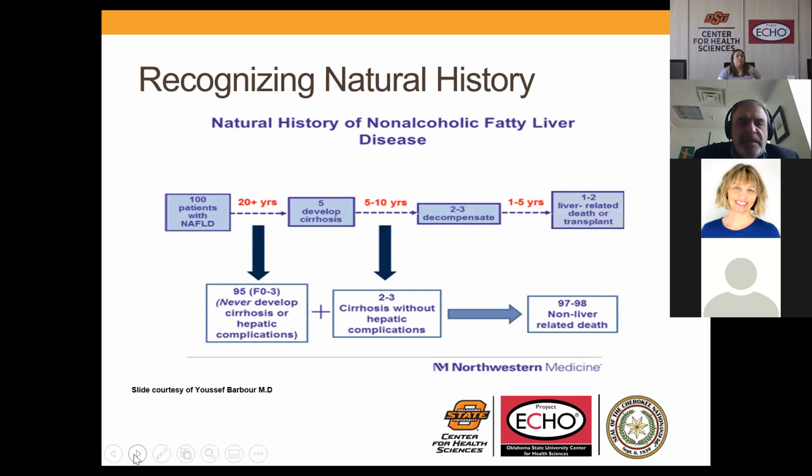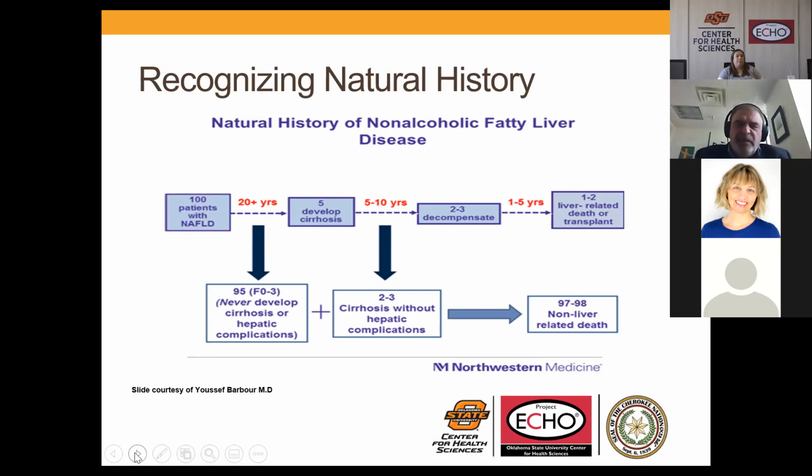So just to put things into perspective, if you have 100 patients with NAFLD, in 20 years, 5 of those 100 without treatment or interventions will develop liver cirrhosis. Of those who develop cirrhosis, in 5 or 10 years, 2 or 3 of those 5 will decompensate, and 1 or 2 will either die from liver-related death or will require a liver transplant.